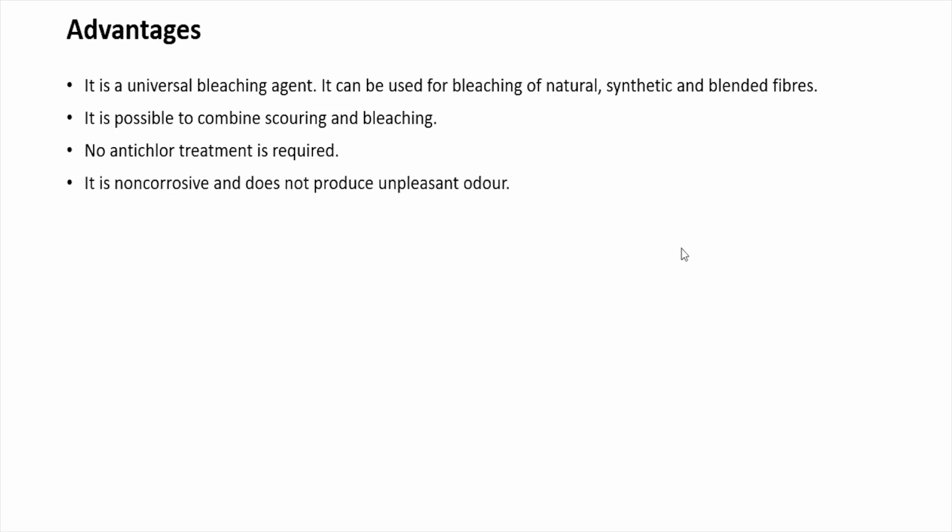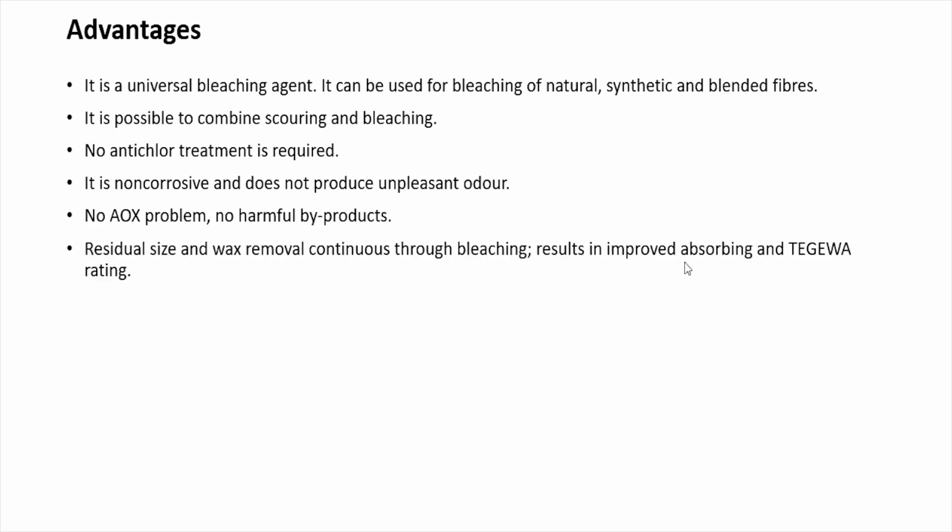So it is non-corrosive and does not produce unpleasant odor as in sodium hypochlorite, and no AOX problem, so no harmful byproducts. So residual size and wax are also removed by hydrogen peroxide bleaching.